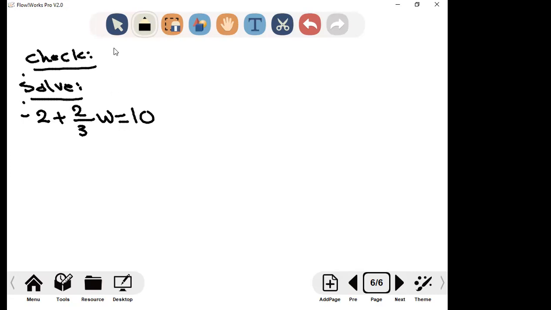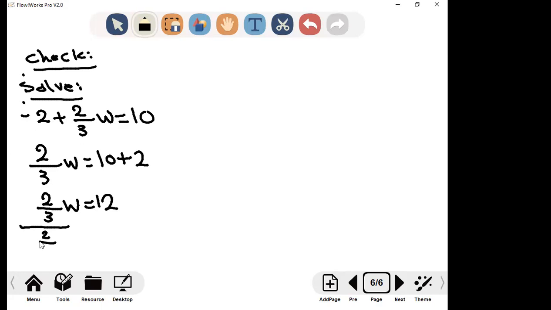So here 2/3 W equals 10 plus 2, right? Means 2/3 W equals what? 12. Divide by 2/3 both sides.